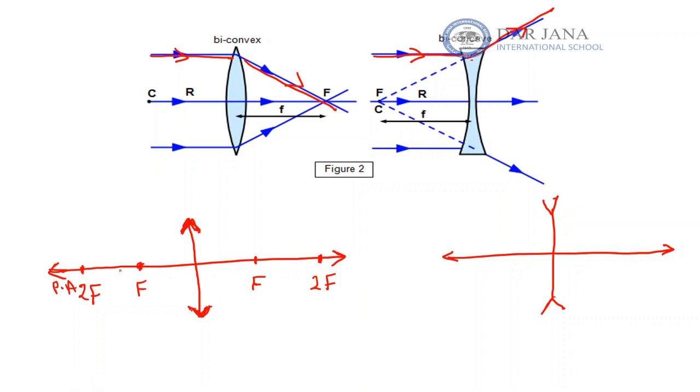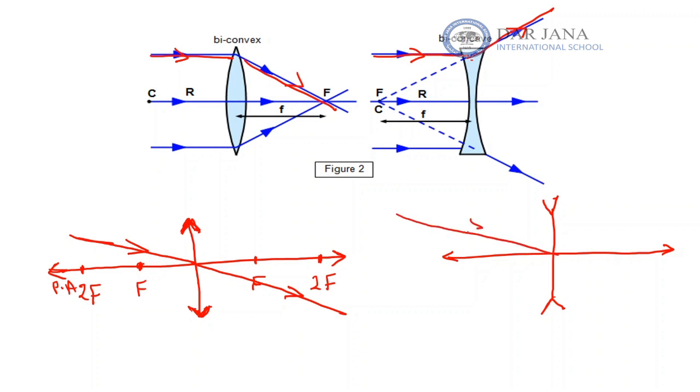Rule number 2: a ray passing through the optical center continues without deviation. It just passes undeflected. The same thing applies here.